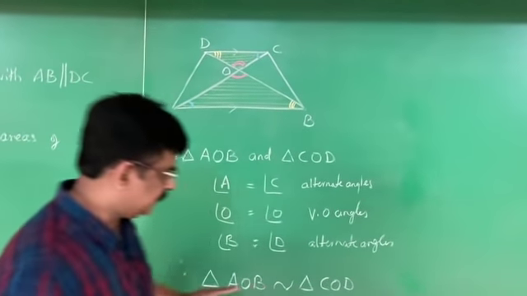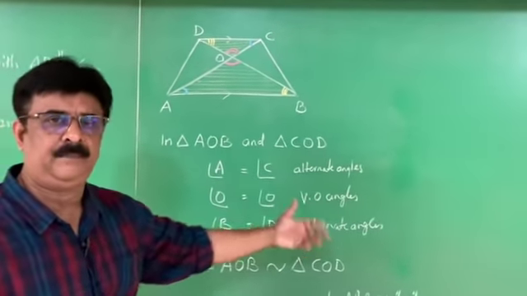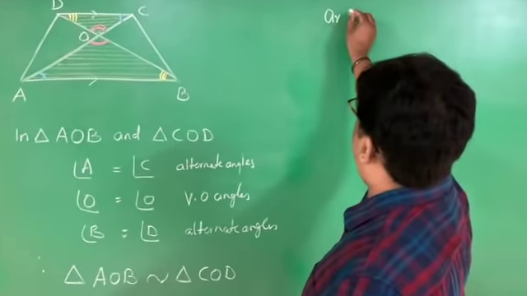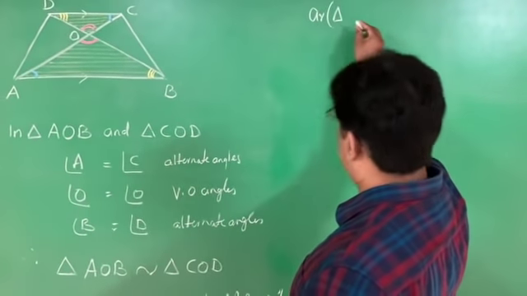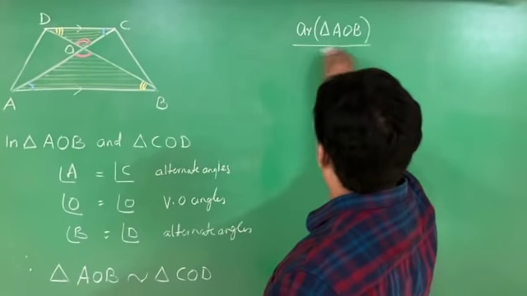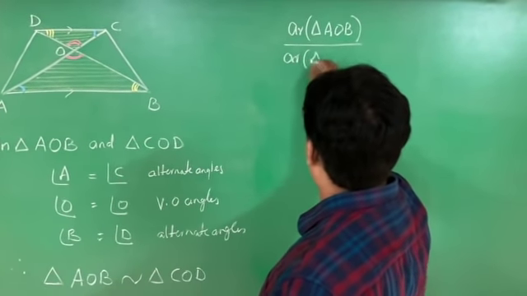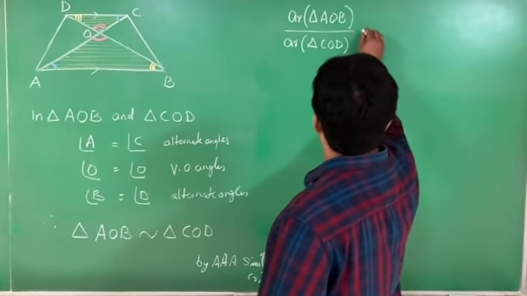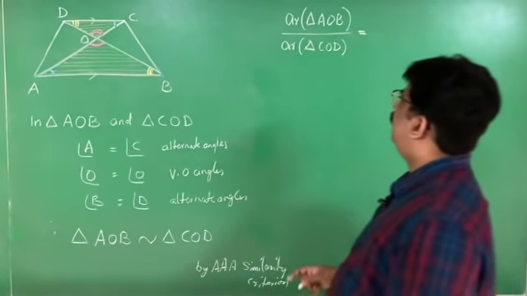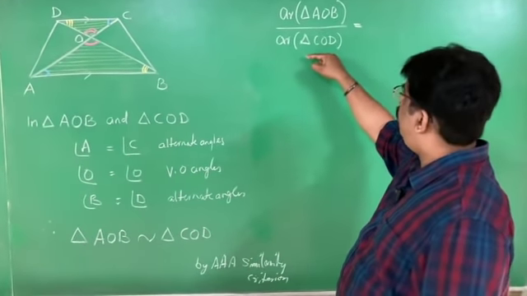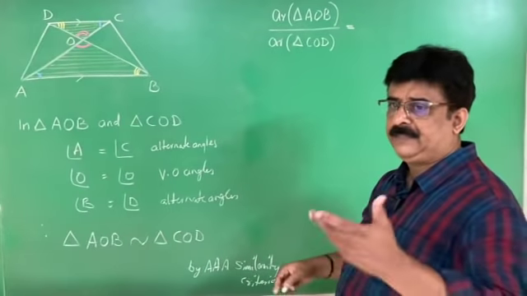Once the triangles are similar, I can apply the theorem. What is the theorem? Area of triangle AOB by area of triangle COD is equal to the ratio of areas of similar triangles is equal to the square of the ratios of their corresponding sides.